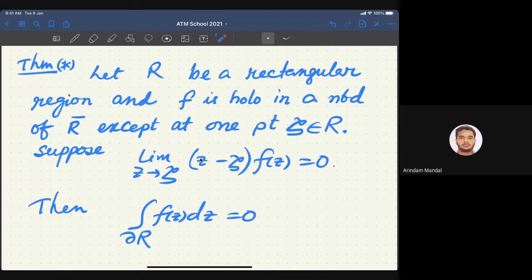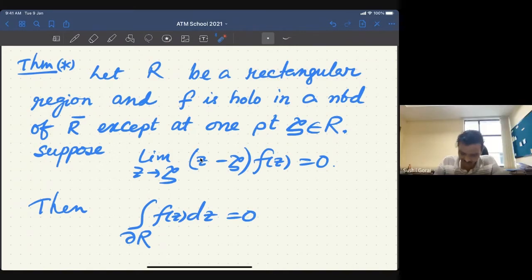Sir, is there any specialty to take that limit to be 0? Yes. Later when you see singularities, this limit will say that it is a removable singularity.